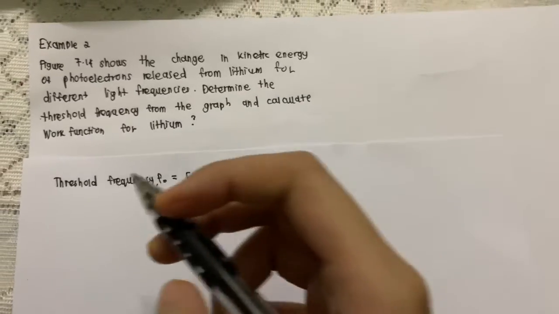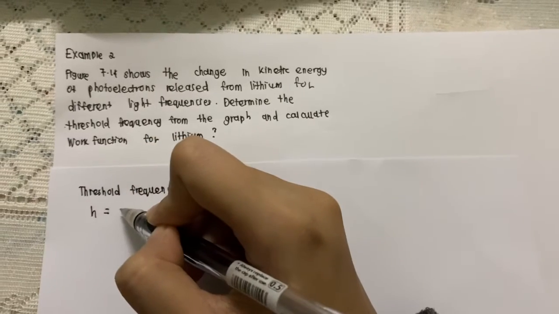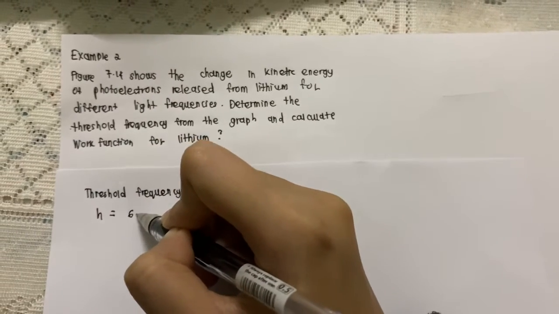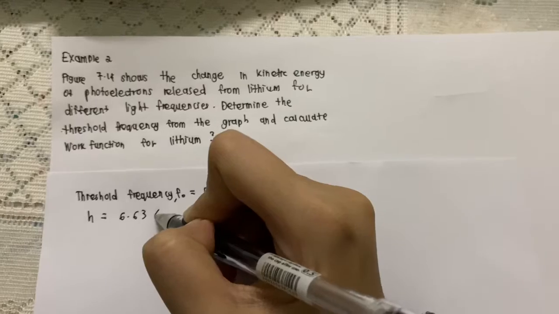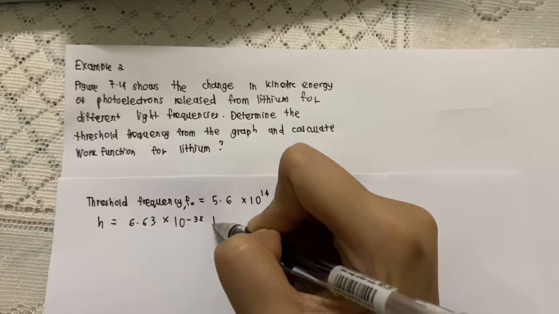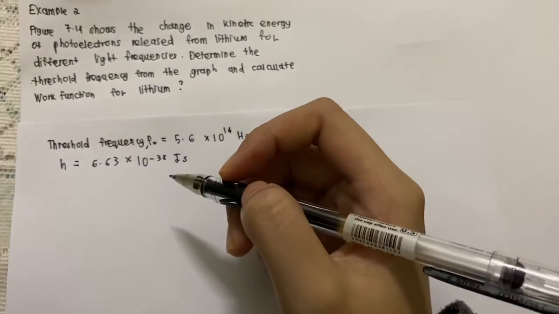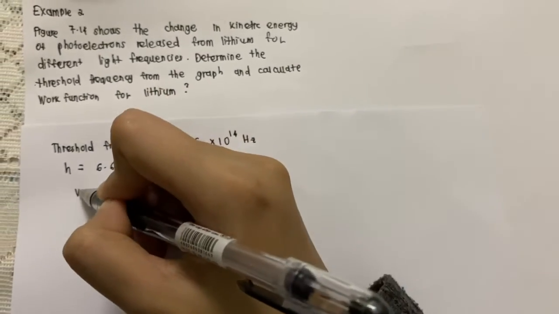The Planck's constant is equal to 6.63 times 10 power of negative 34 joule second, and now we need to find the work function.